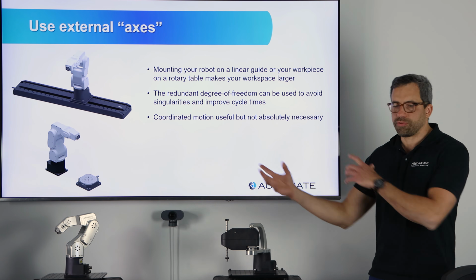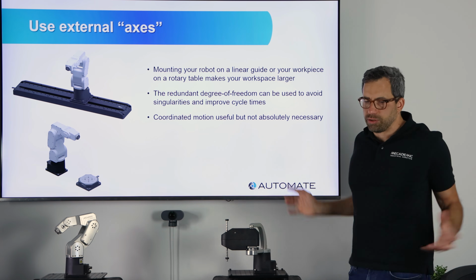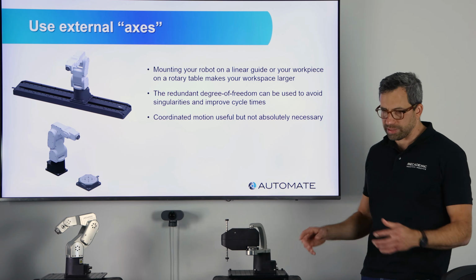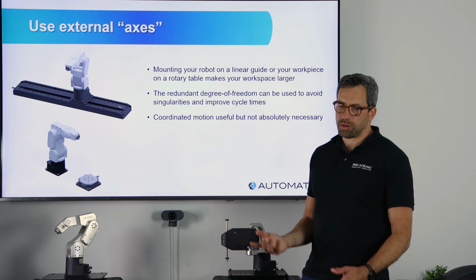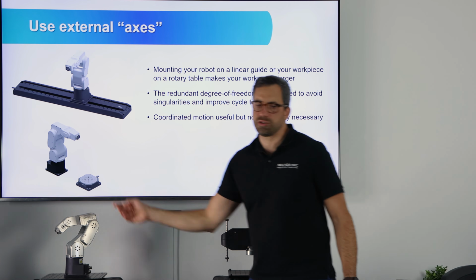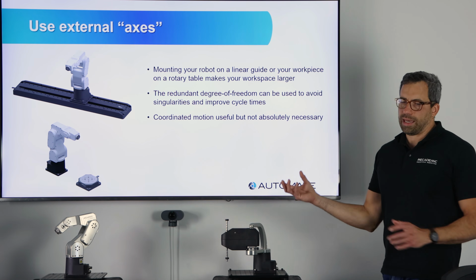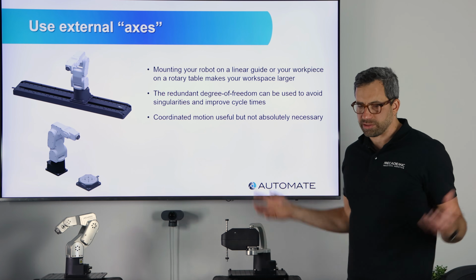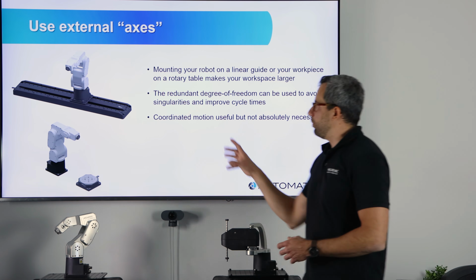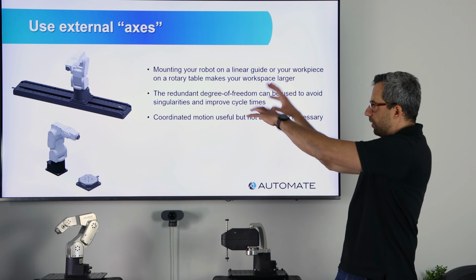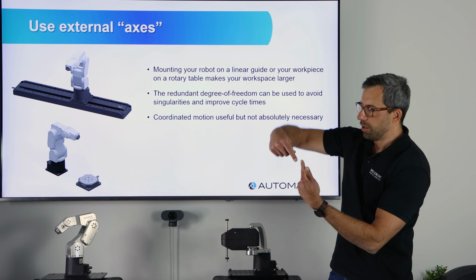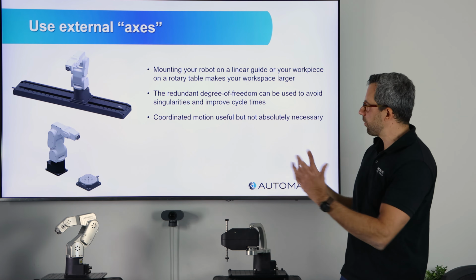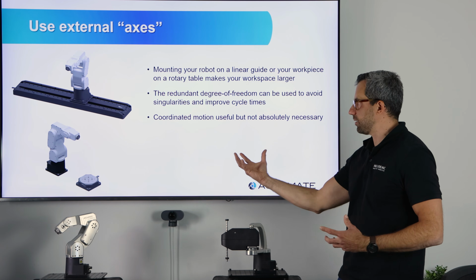Another way to avoid singularities, and also extend your workspace and improve your cycle times, is to use a linear guide or a rotary stage. You only add a fraction of the cost of another robot or a bigger robot. Ideally, they should be synchronized so that you can do synchronous motion with both units, the robot and the external axis.